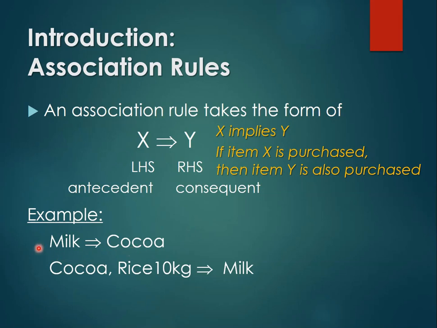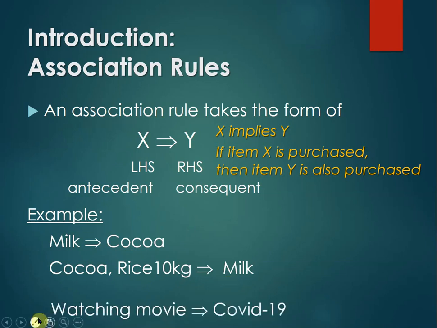You can also have a complex rule where X can be as many items as you wish. You can have cocoa, rice 10 kg implies milk. How about this one? Watching movie implies getting COVID-19.